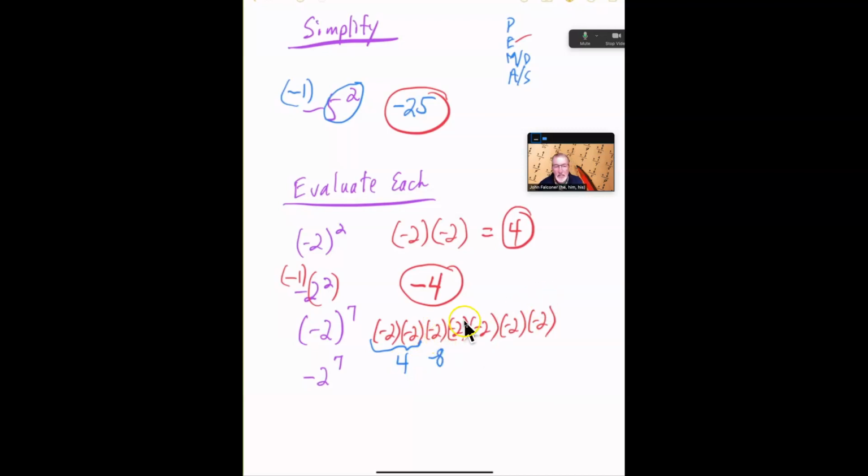Then we have -8 times -2, which gives us +16. Then we have +16 times -2, which is -32. And then -32 times -2, which is +64. And the last one is 64 times -2, which is -128.